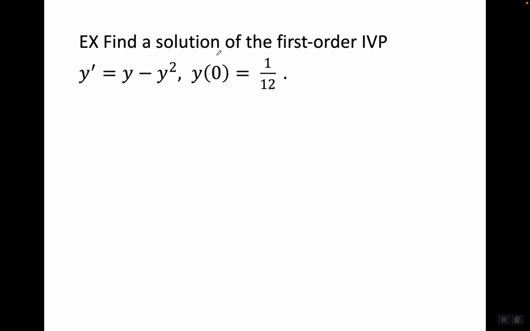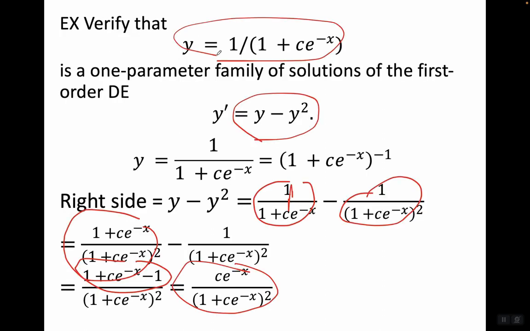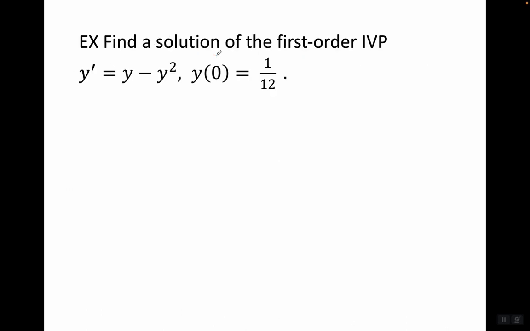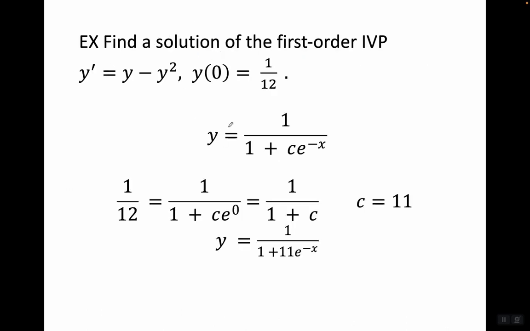Now let's find a solution of the first order initial value problem, IVP. y prime equals y minus y squared, y of 0 equals 1/12. Again, same differential equation, so we know what the solution is. The solution to this is going to be y equals 1 over 1 plus c e to the negative x. Let's plug in x equals 0, y equals 1/12.